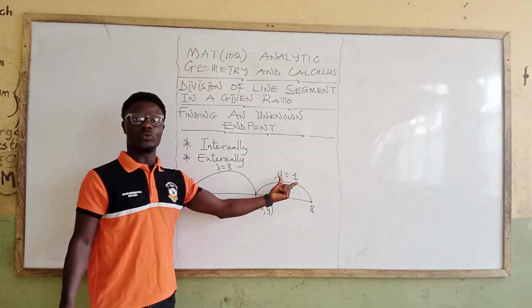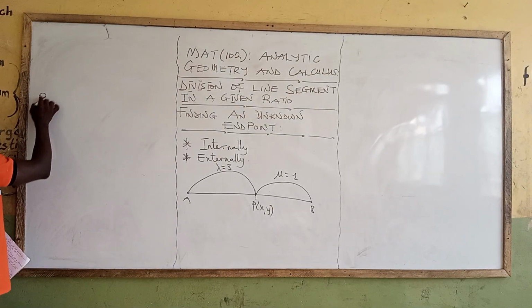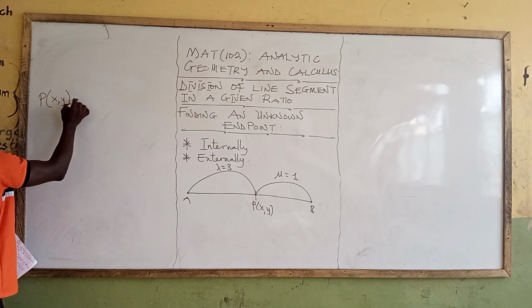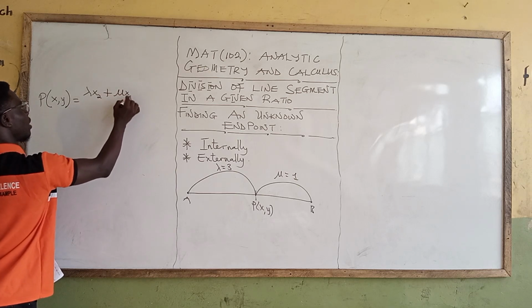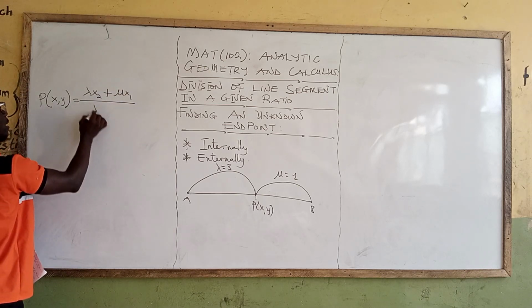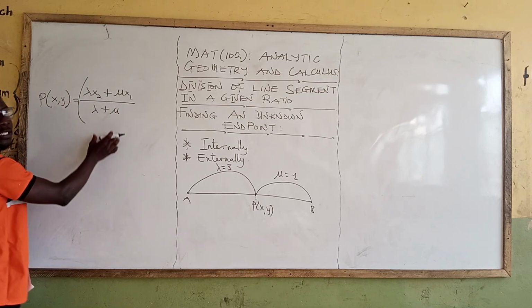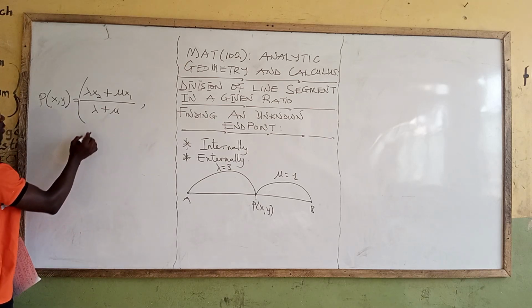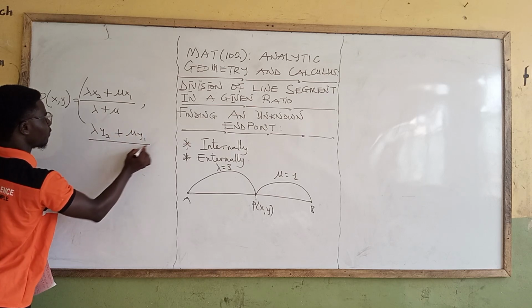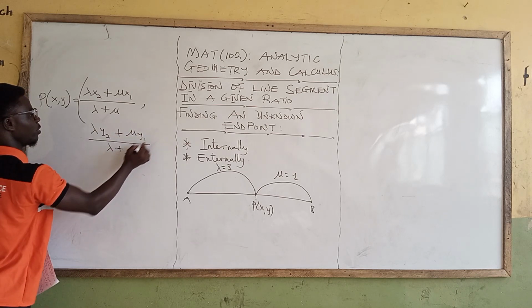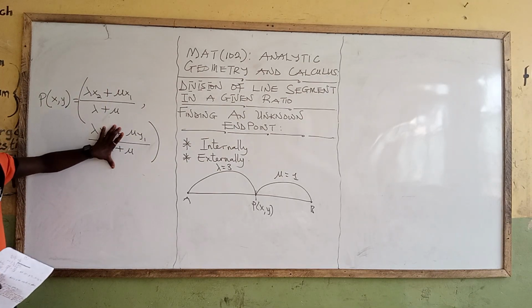Lambda equals 3, then mu equals 1. Then our formula for point P(x, y) is (lambda x2 plus mu x1) divided by (lambda plus mu) for the x coordinate, then (lambda y2 plus mu y1) divided by (lambda plus mu) for the y coordinate.